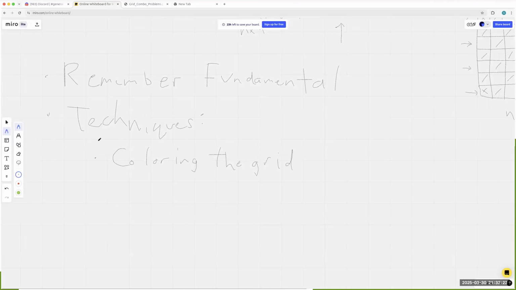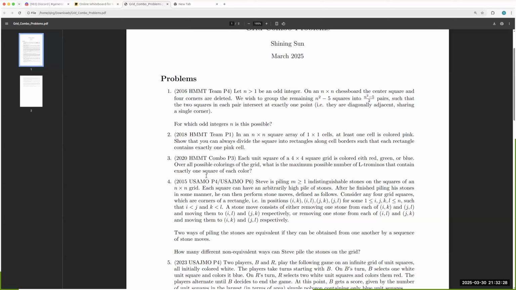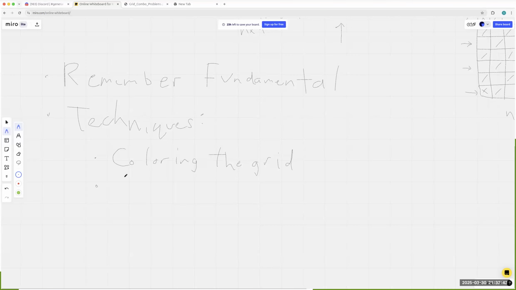Another technique is to characterize what we're looking for in an easier way. Remember in problem three, the L tiles are slightly annoying to deal with. But what you can notice is that the L tiles are all contained within a 2 by 2, which is a little bit easier to look at. So that's what we did: we want to characterize in an easier way.